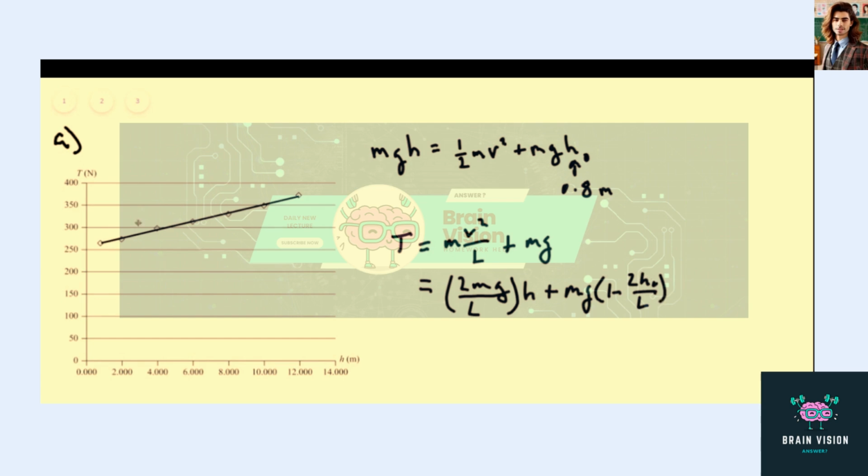So the slope of this is going to be 2 mg over L.